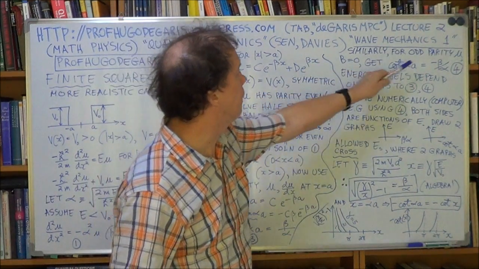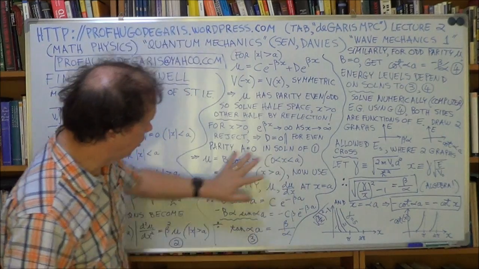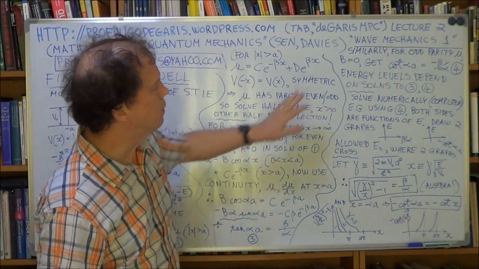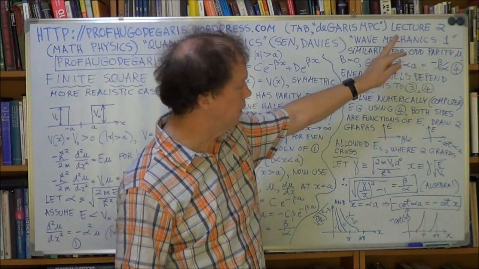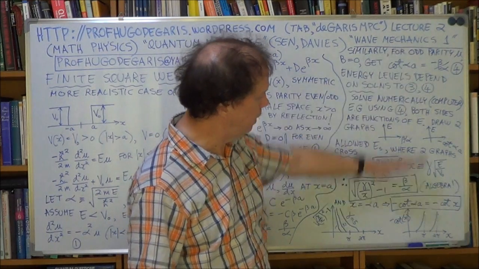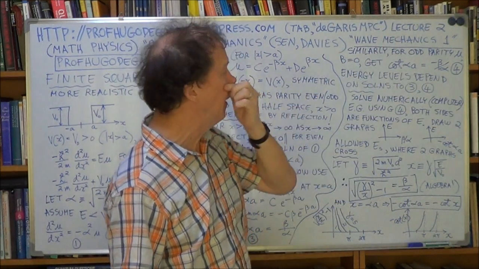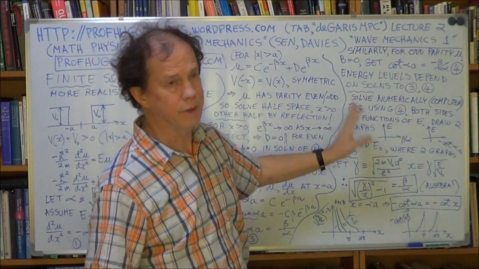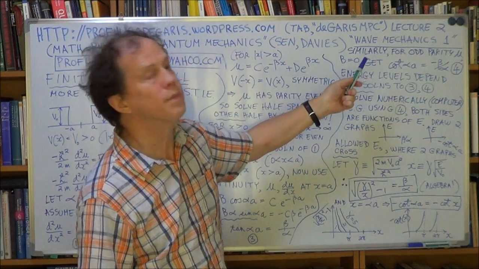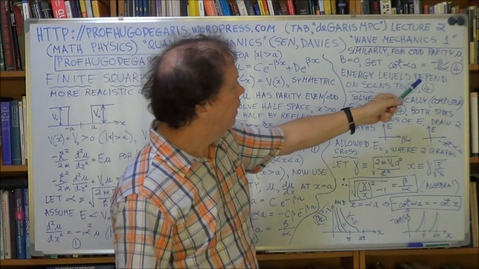So you do a similar analysis to here, and I'll ask you to do this for homework. I'm asking you to do quite a bit of homework. It's getting tougher, right? It's a senior level course.